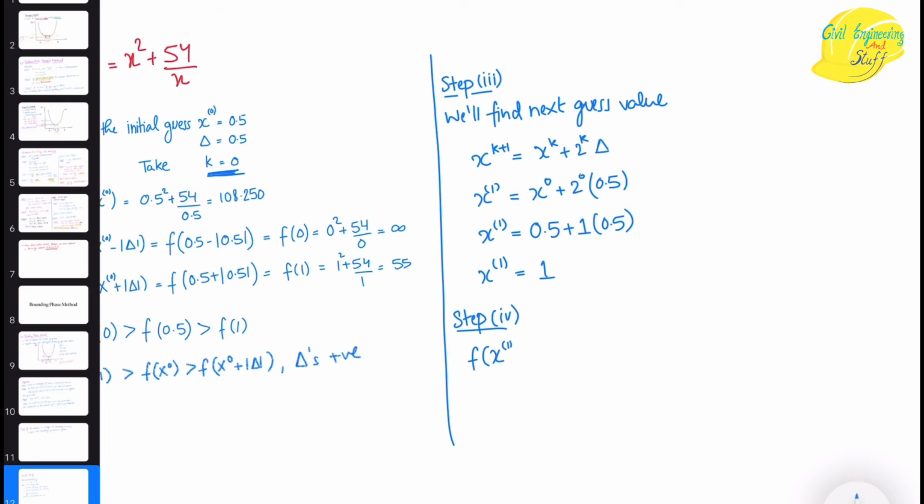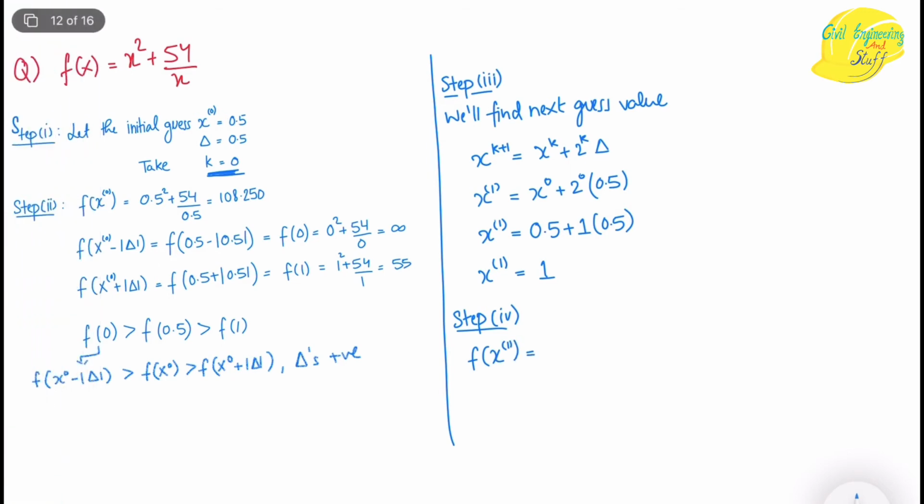So your f(x1) will be, let us put the value, 54 by 1. Okay, so this is 55, right? And f(x0), what is the value of f(x0)? 108.25.